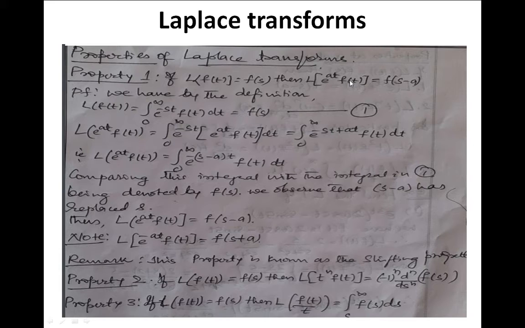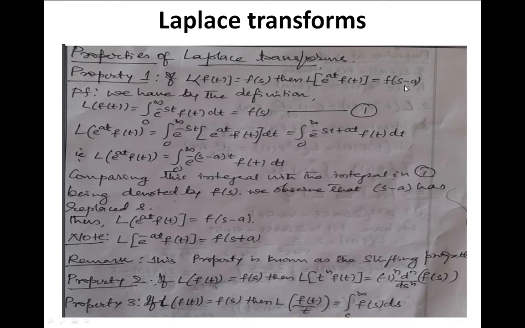It may be either a constant or a sine or cosine or e to the power at or sine hyperbolic at or cos hyperbolic at. But the first function e to the power at is always constant, fixed, it will not change. Then L of e to the power at into f of t will be F of s minus a.